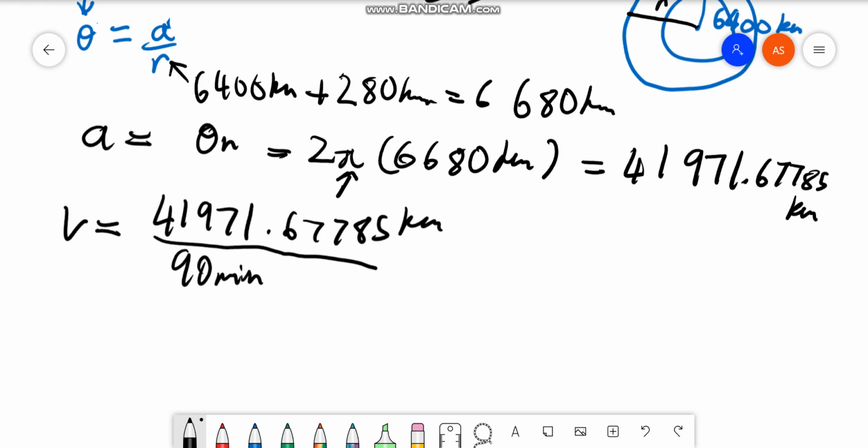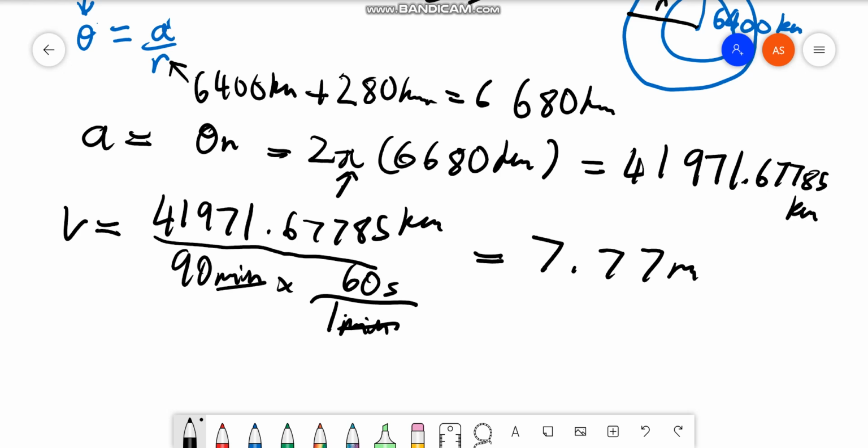We can use the conversion factor: 1 minute is 60 seconds, so the minutes will cancel. You put this into your calculator and you get around 7.77 meters per second.